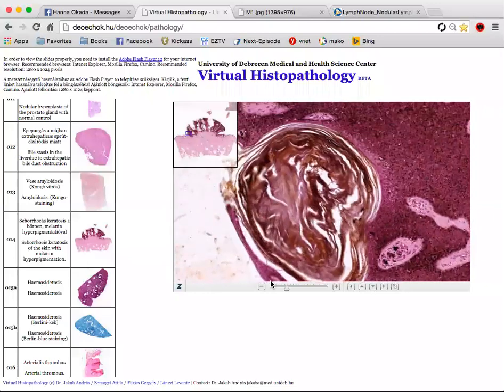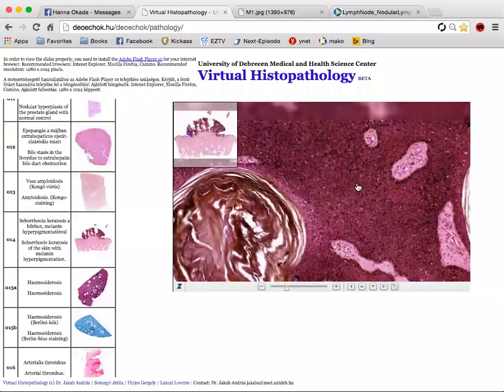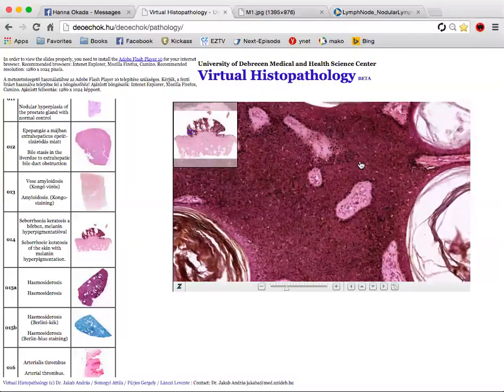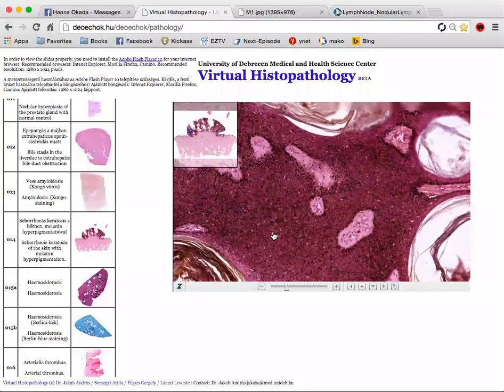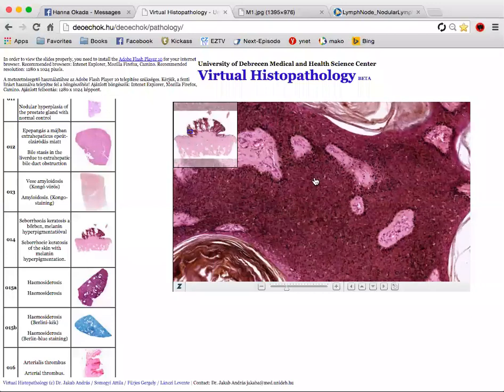So this is just a structure. There are no cells in here, and this is keratin and melanin. And with the growth itself, this is all epithelium, and it's very hyperplastic.